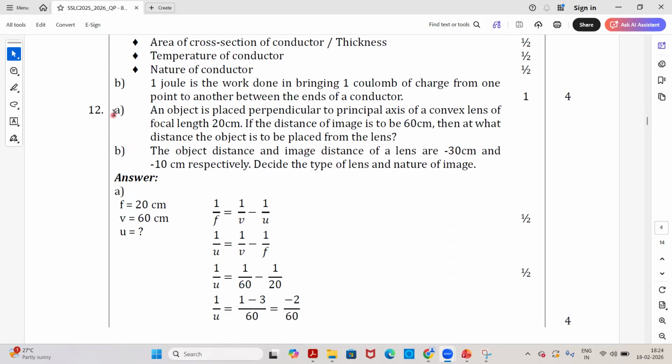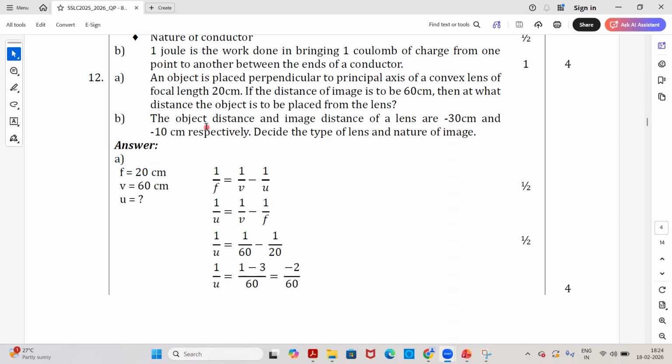Question A and B are under 12. An object is placed perpendicular to principal axis of a convex lens of focal length 20 centimeter. If the distance of image is to be 60 centimeter, then at what distance the object is to be placed from the lens? Question B, the object distance and image distance of a lens are 30 centimeter, minus 30 centimeter and minus 10 centimeter respectively.